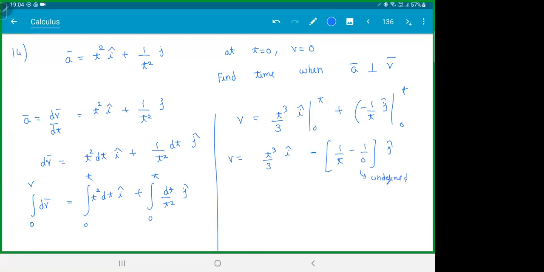And if you ignore that and solve, which we can't, which is a mistake, then what to do after that? A bar dot v bar is 0, isn't it? So basically we can't solve this. Question is wrong. Are you getting the thing? So somehow if that was not 0, let's say limits are 1 to t, then this will be 1, then it is not bad.